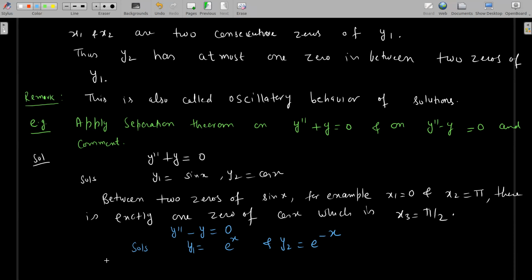on second example. So the separation theorem does not provide existence of zeros.